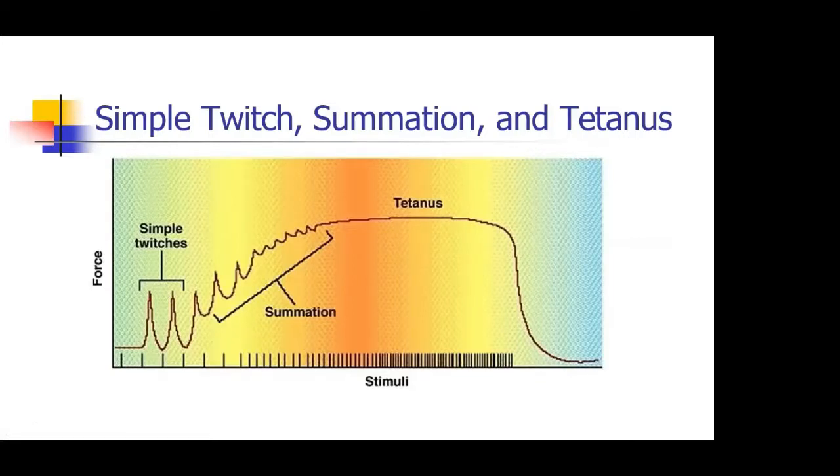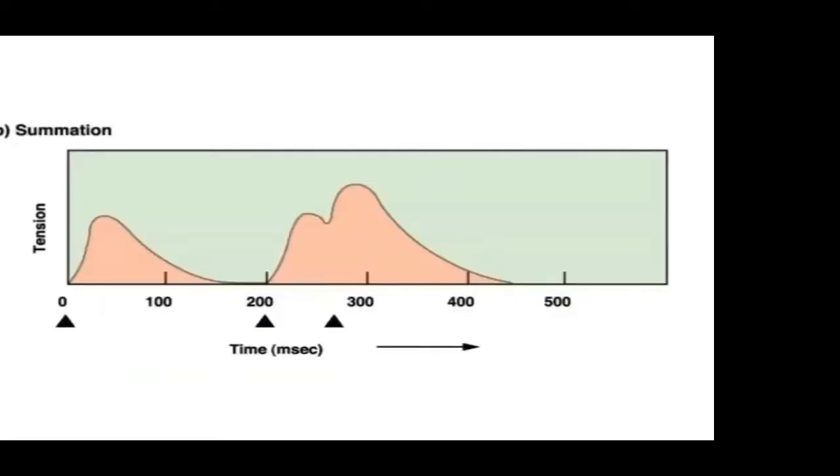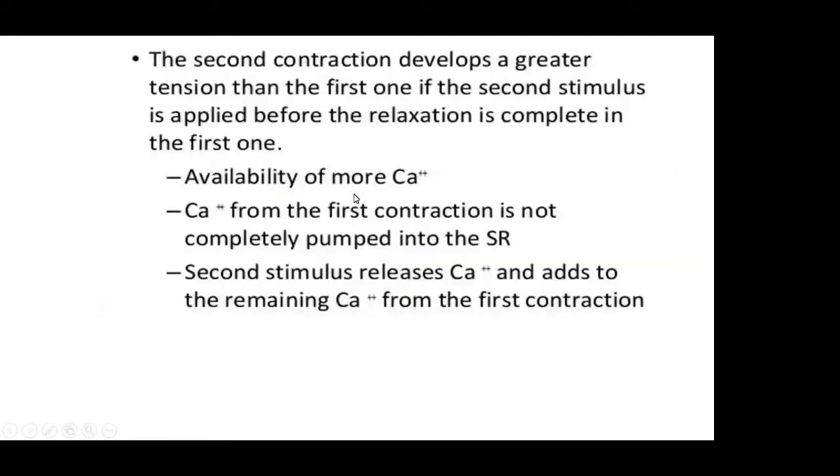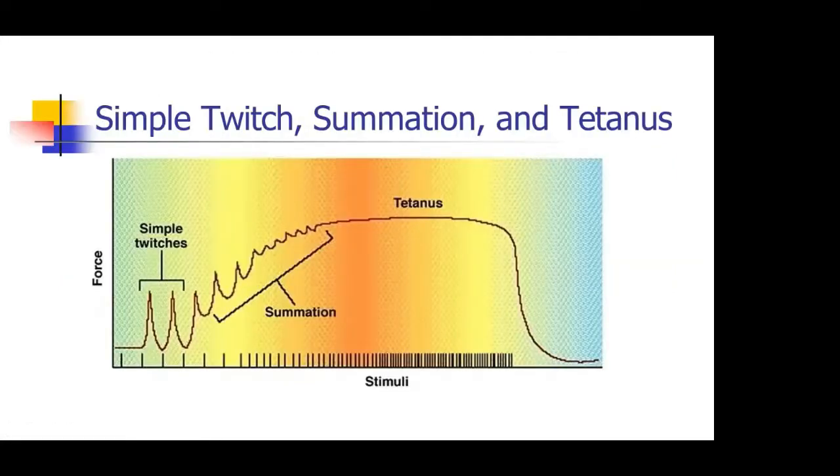In this part, you are giving the stimulus during the relaxation phase. During the relaxation phase, here you are giving two successive stimuli. Same thing here, two successive stimuli. You can see there is incomplete relaxation between two contractions. If you give this multiple times, you will see that there is incomplete relaxation in between contractions.